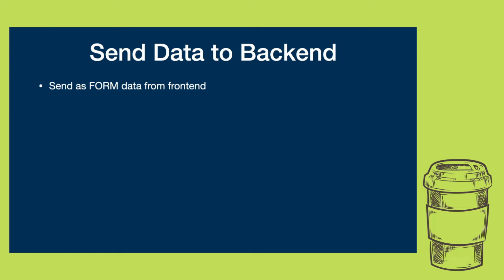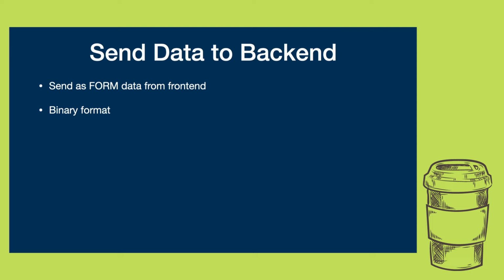So in this case, you can take in that file input and then turn it into form data and send it to your backend. When sending it to your backend, the format is going to be just a binary format. So it's going to be pretty much a blob of zeros and ones that the front end is going to send to your backend through the network.